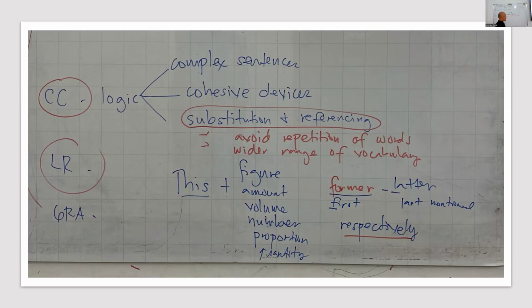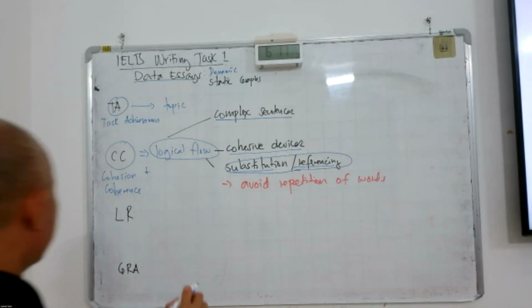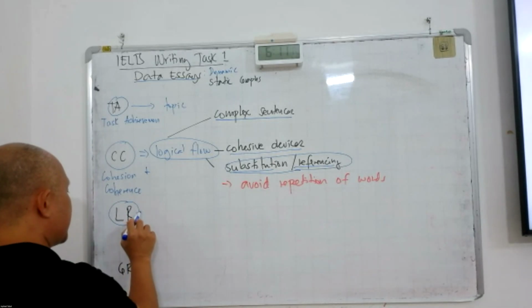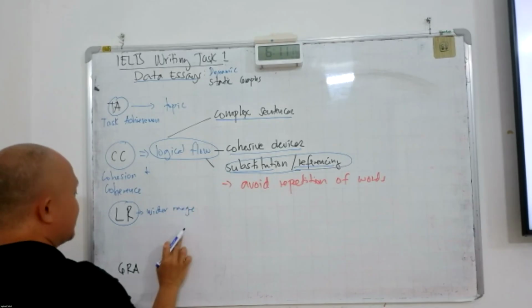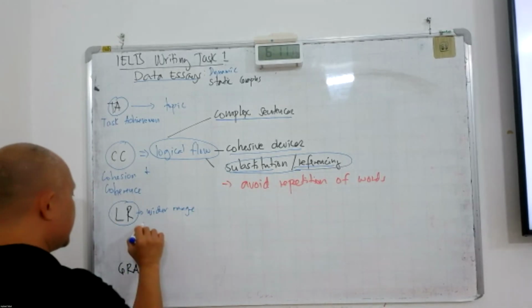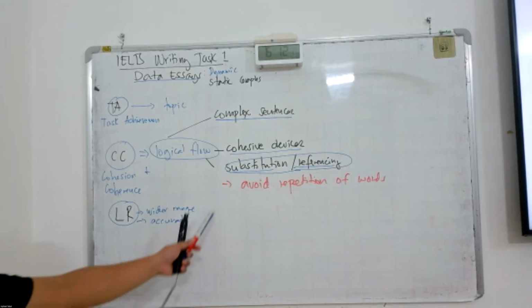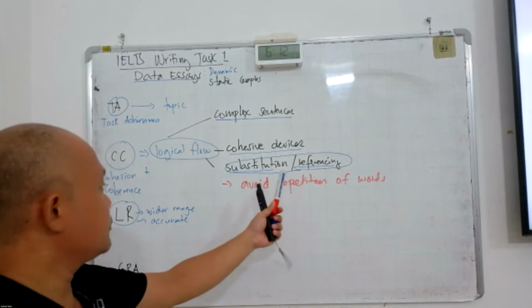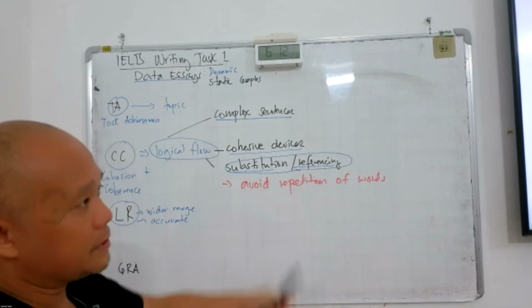Now, if you check the main criteria for lexical resource or vocabulary, all right, which we'll explore later on, the main criteria to get a better score in lexical resource is to have a wider range of vocabulary, and the second one is the accurate use of vocabulary. So again, the main reason why the candidate has to use substitution and referencing is, number one, to avoid repetition of words.